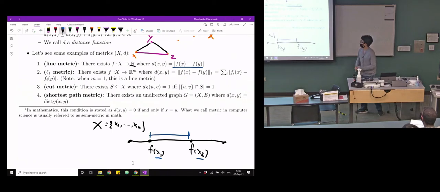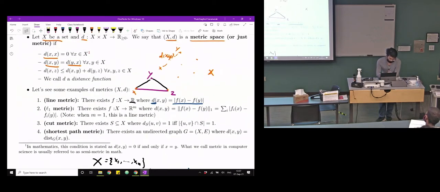Let's try to verify that d indeed satisfies all of these things.